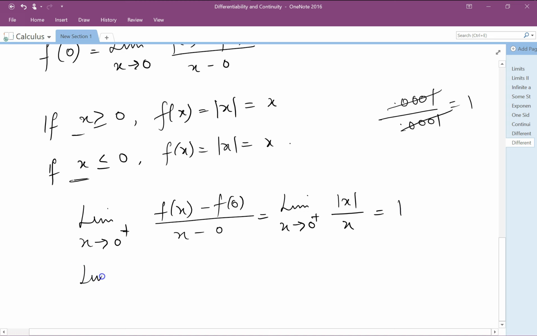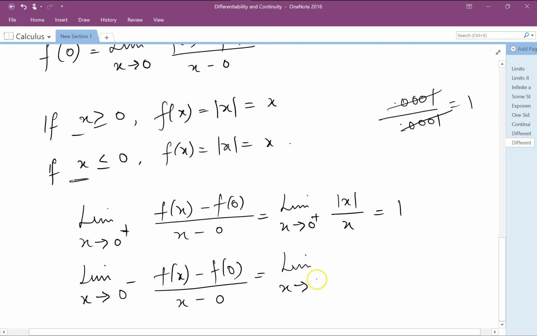Okay, now let's look at the limit from the negative side. Limit as x approaches 0 from the negative side. Now what happens? In the same example, minus 0.0001, absolute value of this divided by minus 0.0001. In the numerator, when we remove the absolute sign, the minus sign disappears, but the minus sign remains in the denominator.